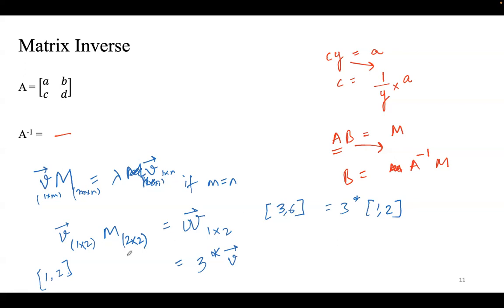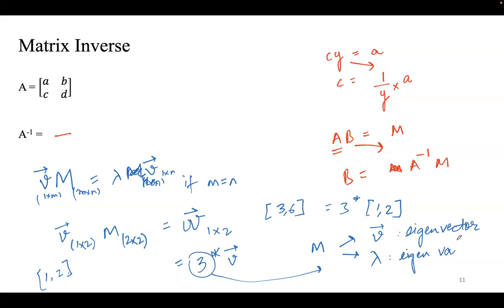Okay, so if such a thing happens, then for this matrix M, you say that this vector V is called the eigenvector, and this value 3 that you have, it's often represented as lambda. Yeah, the Greek letter lambda. This is called the eigenvalue.